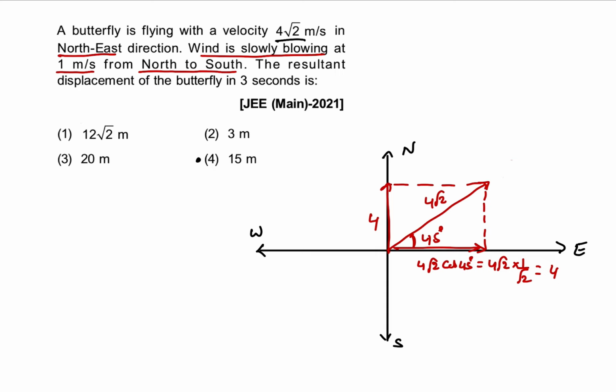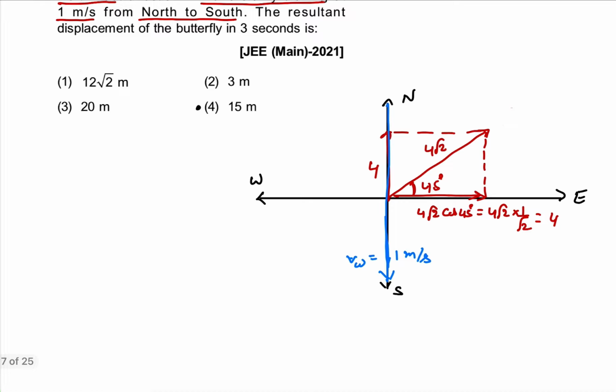So which direction is the wind moving here? You can see wind is blowing from north to south. I have written it in blue color. This is the velocity of the wind, moving with 1 meter per second.